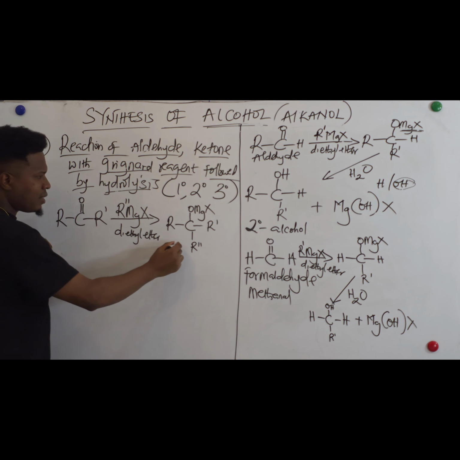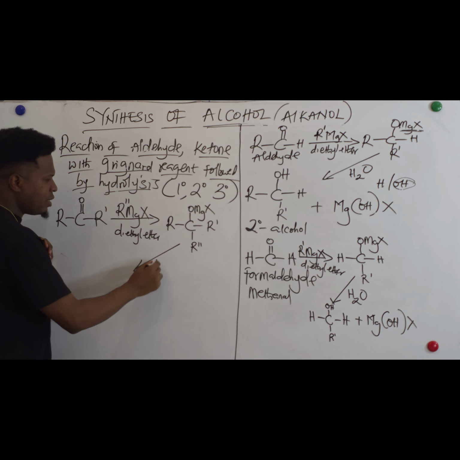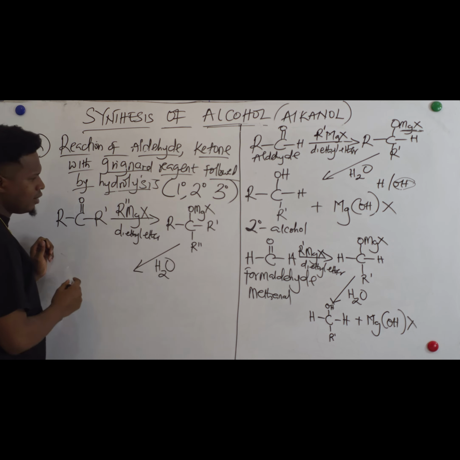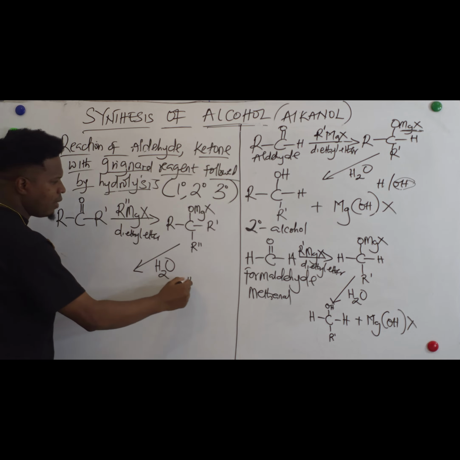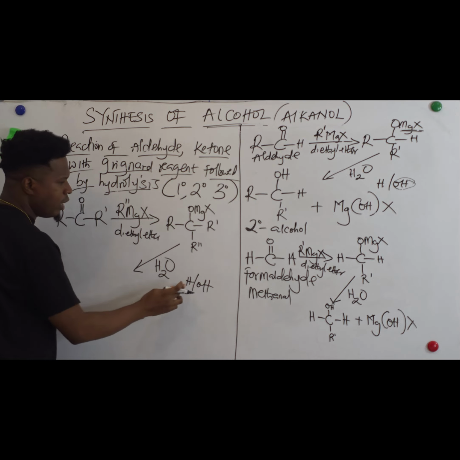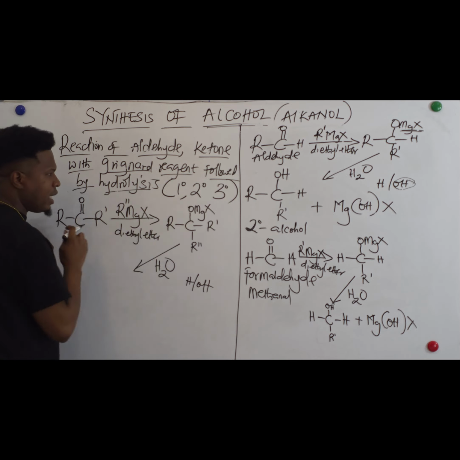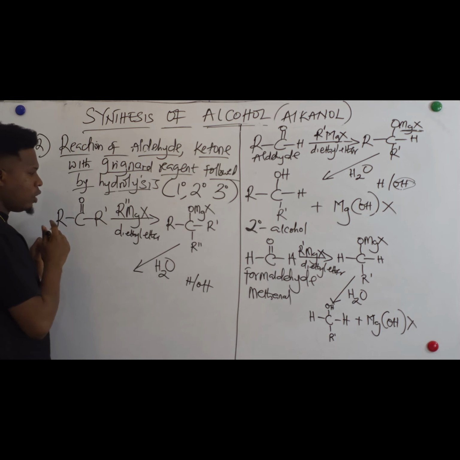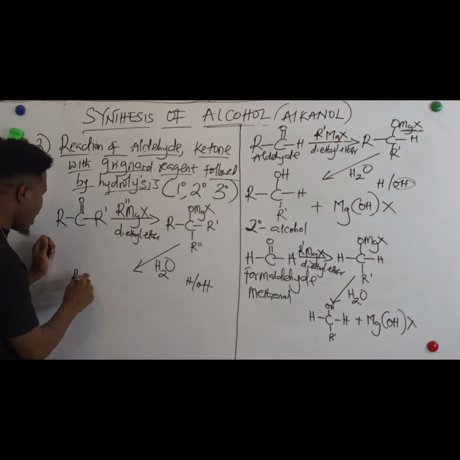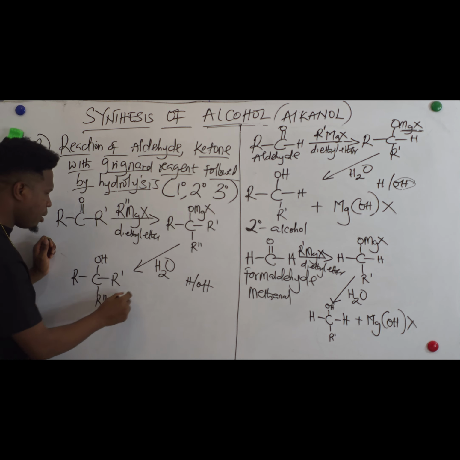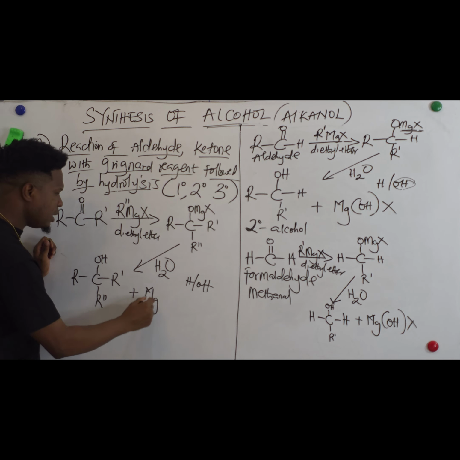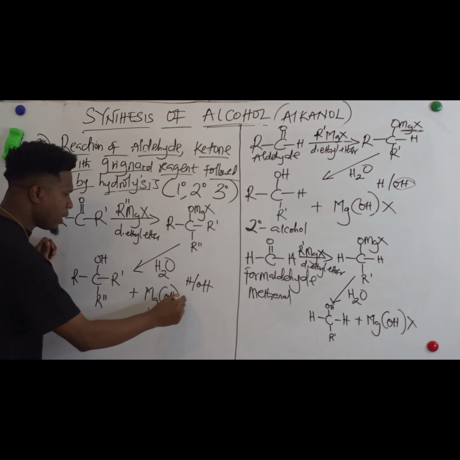So what next? You hydrolyze. Hydrolyze means water will come in. So water will split into H and OH. The H will displace MgX and form OH with O. So we're going to have R, C, OH, and we still have prime here, with R prime, plus Mg(OH)X.